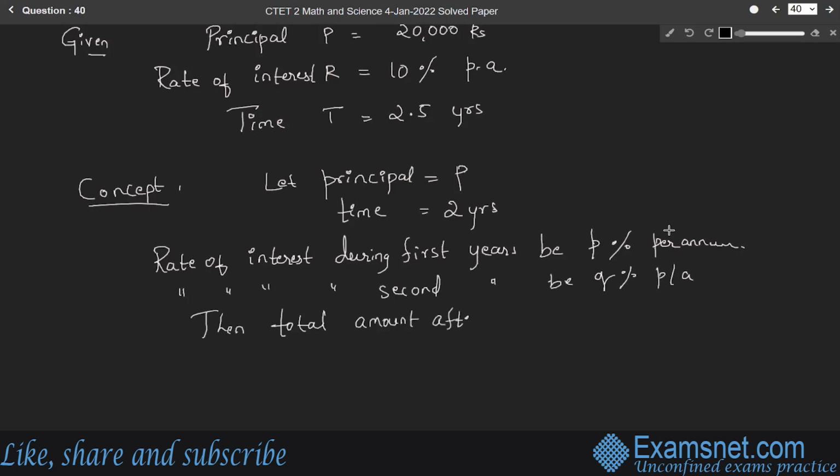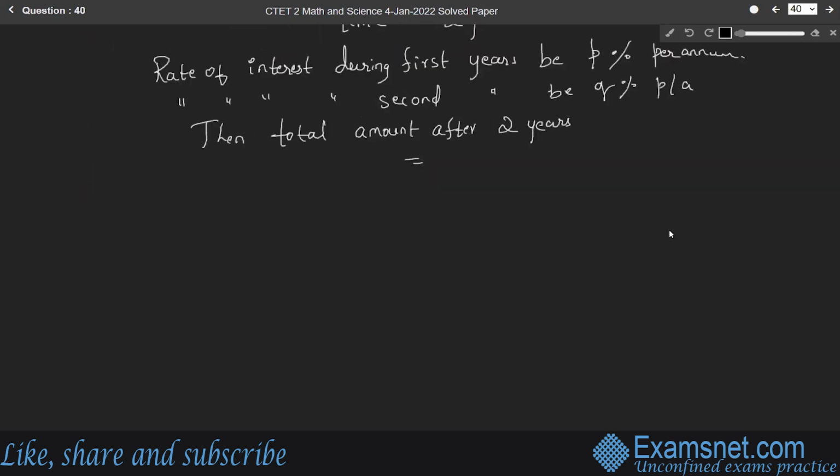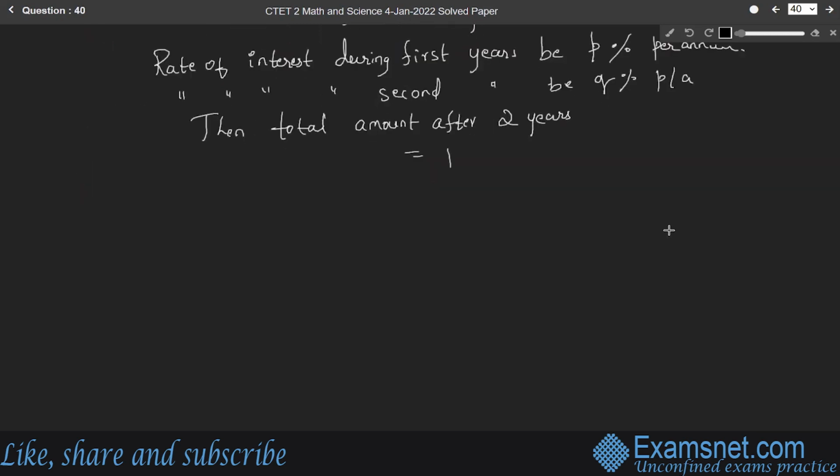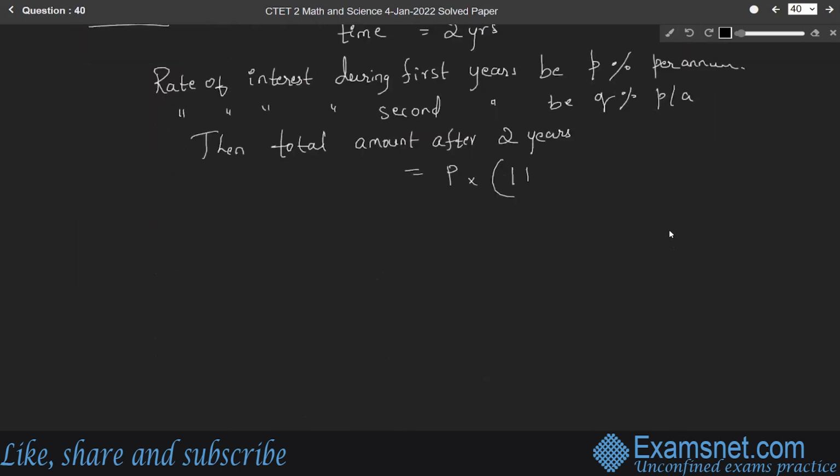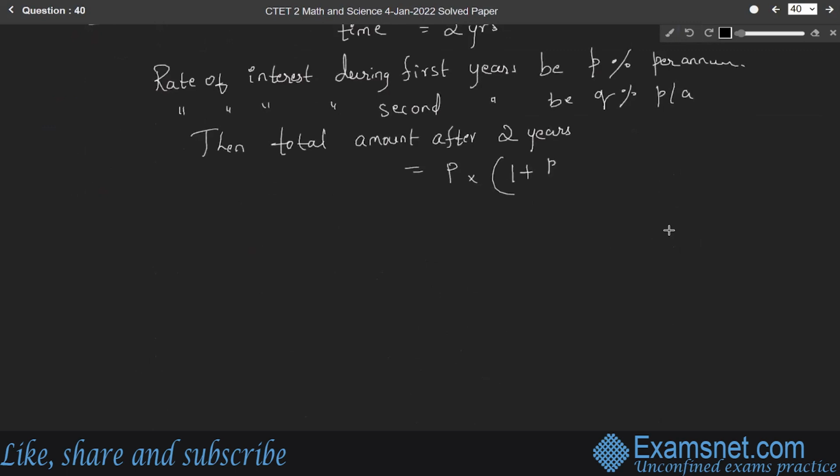Then the total amount after 2 years is equal to principal P into 1 plus p by 100 into 1 plus q by 100, where during the first year it is 1 plus small p by 100, and during the second year it is 1 plus small q by 100.